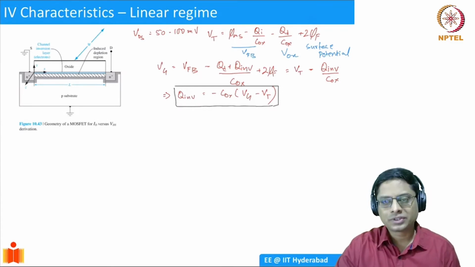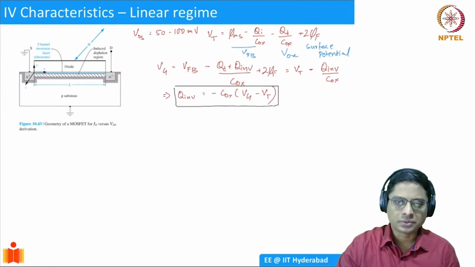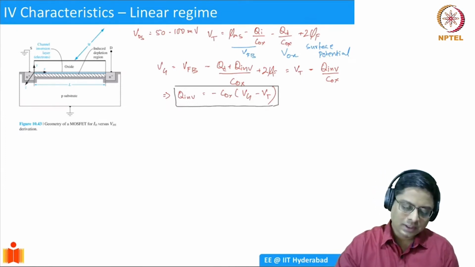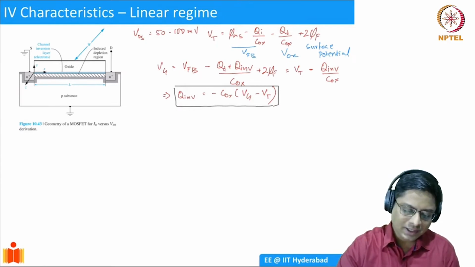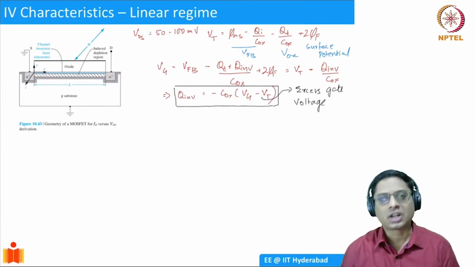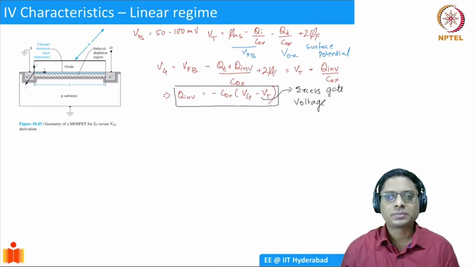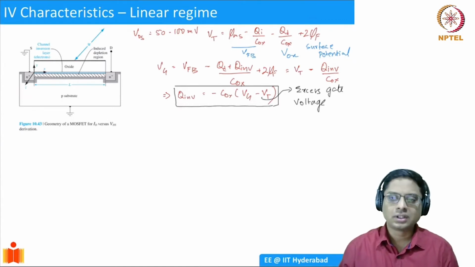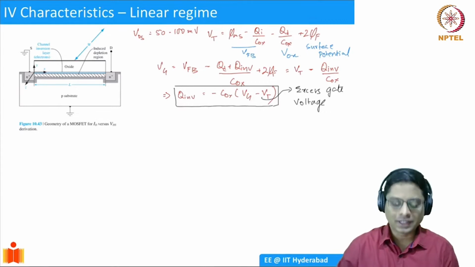So if you apply a voltage V, you will get a charge Q, where capacitance is C. Similarly here, Vg minus Vt is essentially the excess gate voltage, or basically gate voltage over Vt. If I apply that, I'm going to get an inversion charge which is equal to the capacitance Cox times the excess gate voltage. So that's a very nice and elegant expression.